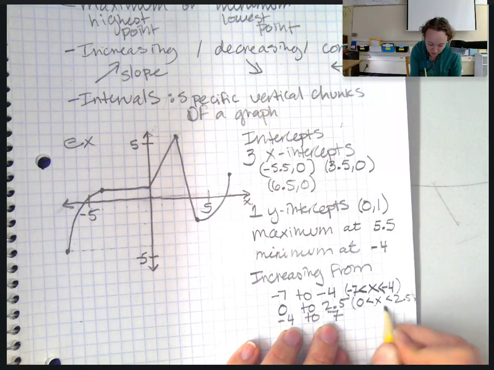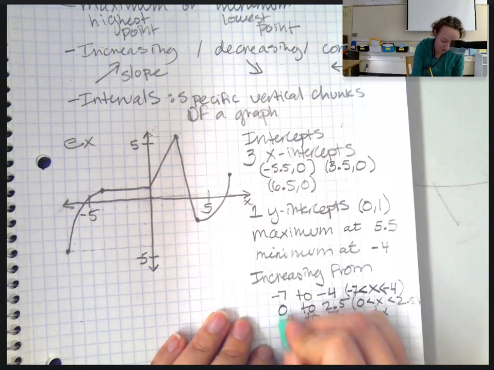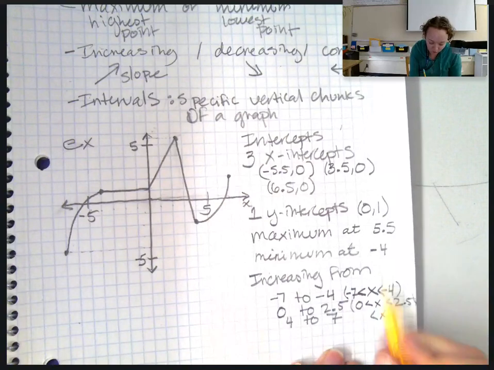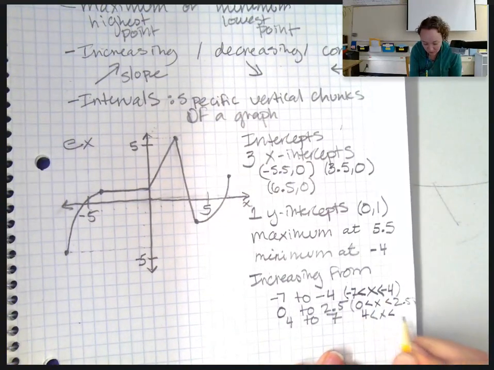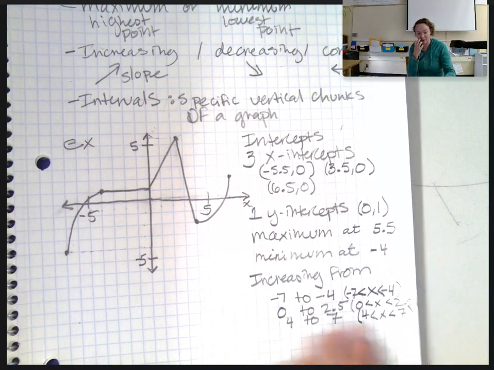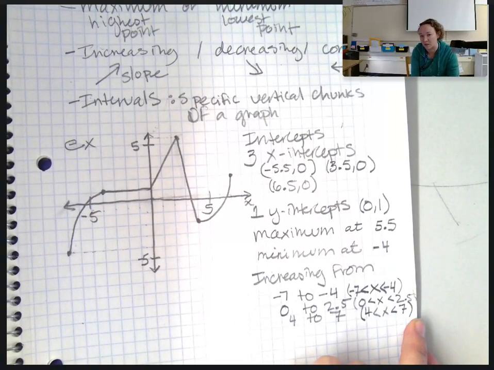We could say it's when the x values are big. Oops, sorry, that one shouldn't have been a negative. That's a positive. The x values are between 4 and 7. So you're going to see it written both ways. I'm okay if you write it out for me in words, but you'll need to be able to like read it using that inequality notation as well.